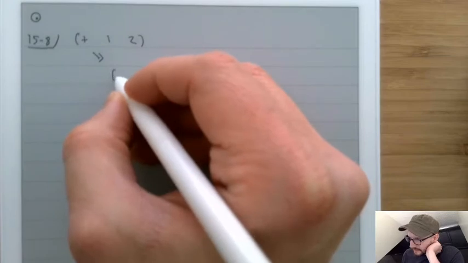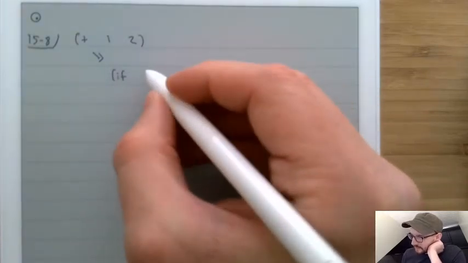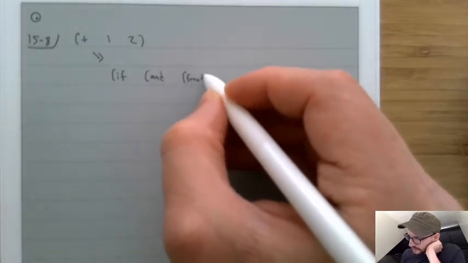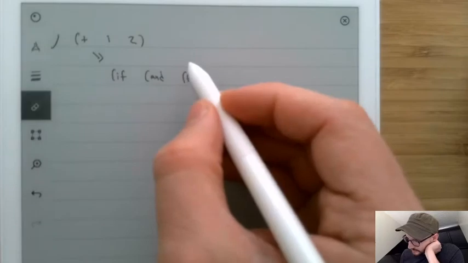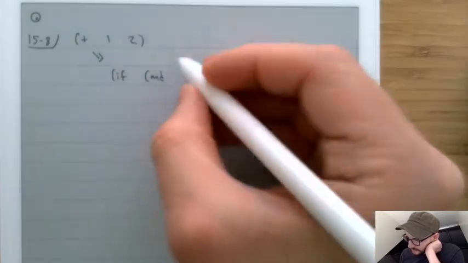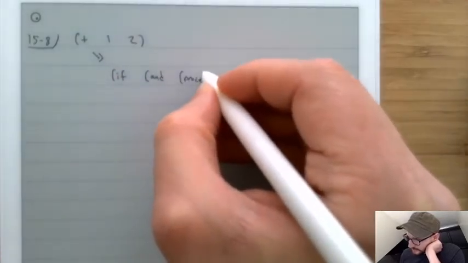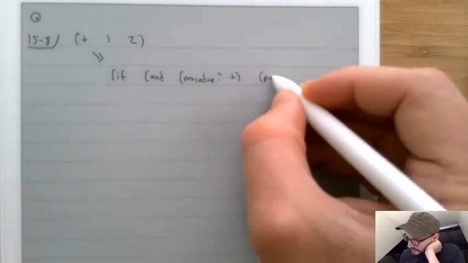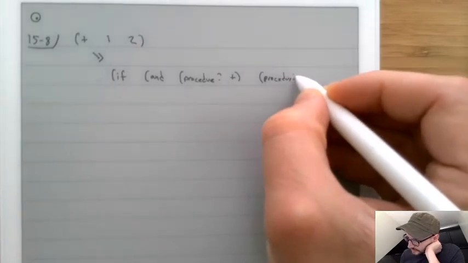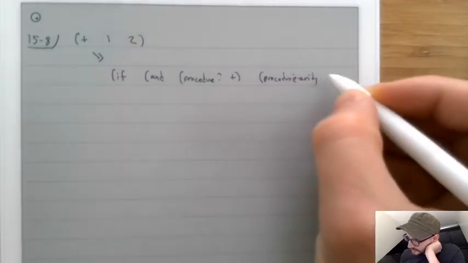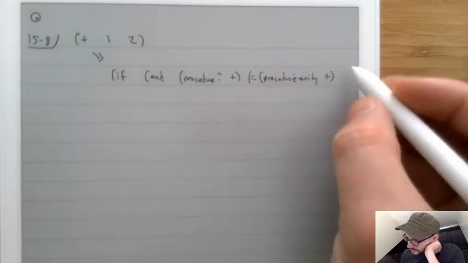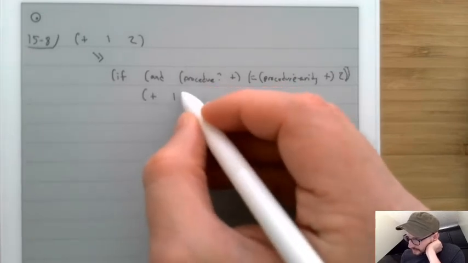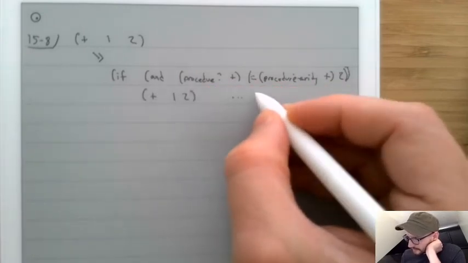It would say if and function, procedure? plus, and then procedure arity plus equals 2, close that, then we would call the actual plus function. Otherwise, we would error.